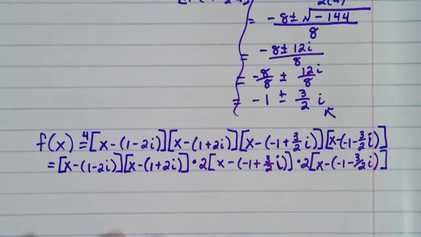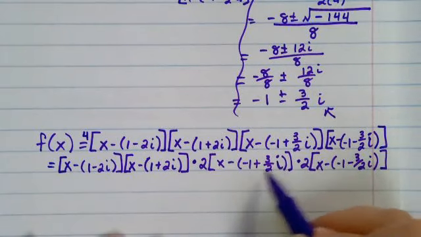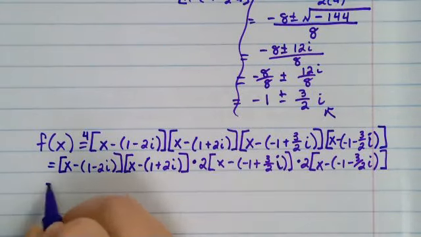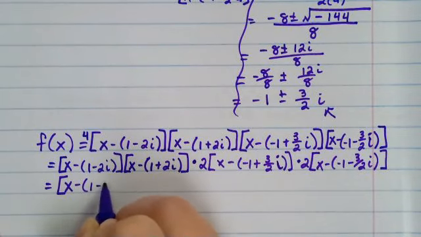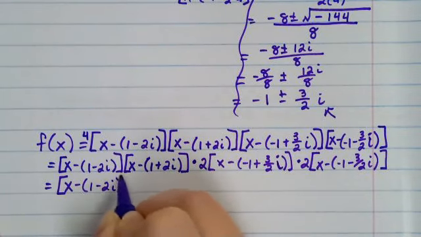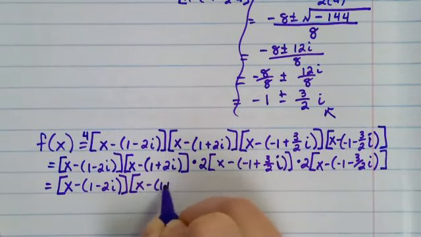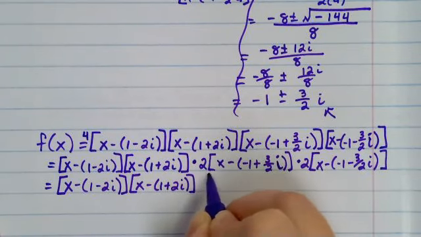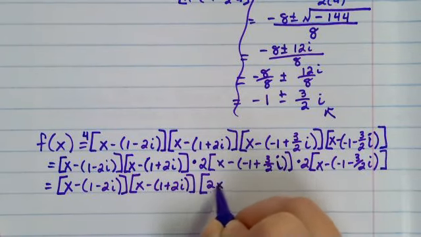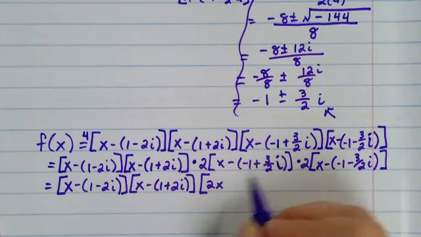Okay. So if you do it like that, then when you distribute this 2 through, you won't have a fraction anymore. So some people like to do that so that they don't have to see the fractions. Honestly, I don't really care either way personally, but if you're checking your answer in the back of the textbook, they might do that. So this would be 2x, and then I'm going to go ahead and distribute it through this part as well.